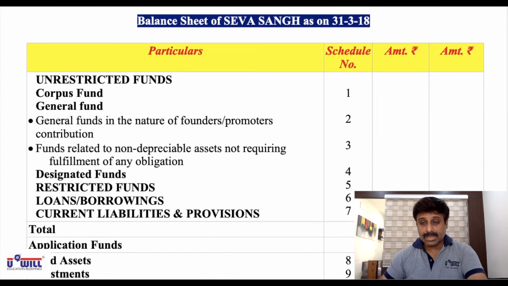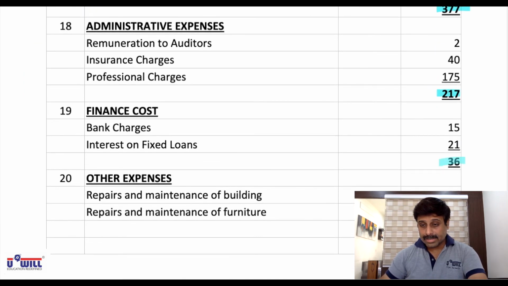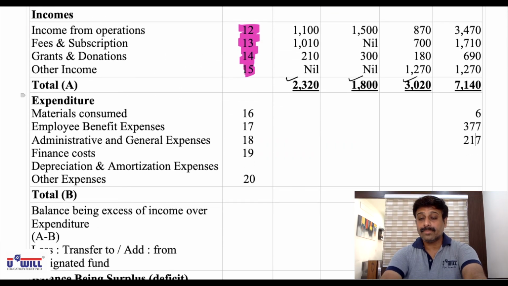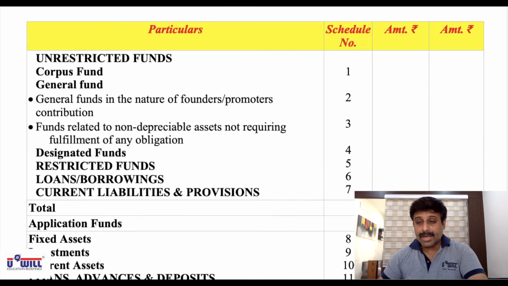Then finance cost is how much? 36. Finance cost is 36. Then depreciation and amortization we don't have in this question. Directly other expenses.